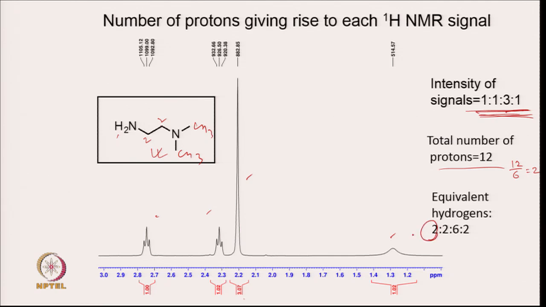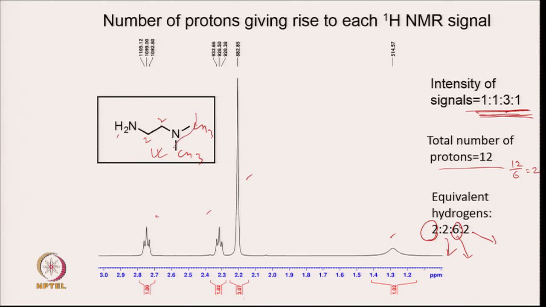One equivalent hydrogen group will have 2 protons, the second group will have 2 protons, the third group is going to have 6 protons, and the fourth group is going to have 2 protons. So, 2 plus 2 plus 6 plus 2 is 12 protons, and if you see the third one, it has 6 protons.